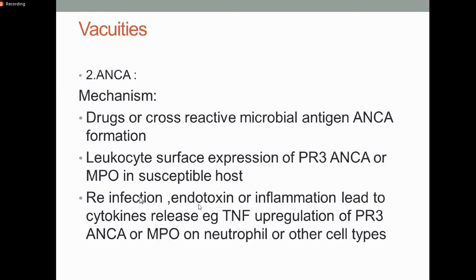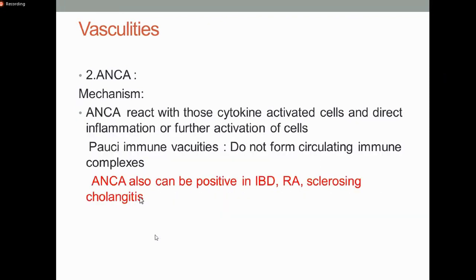So on reinfection, inflammation or endotoxin release can increase TNF production, resulting in increased PR3 ANCA or MPO ANCA expression on the surface of neutrophils or other cell types. ANCA react with those cytokine-activated cells and direct inflammation, or it can lead to secondary involvement of other inflammatory cells in the inflammatory cycle.